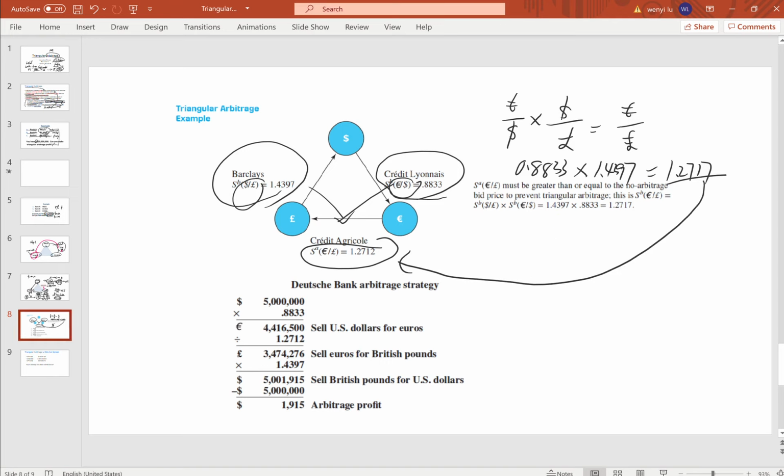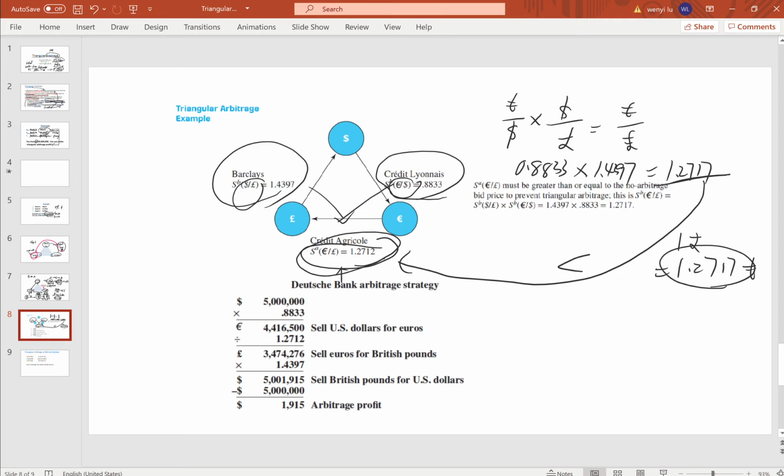So in this market, which one is overvalued? Which one is undervalued? Let's look. You can see here, right? For a pound, it must be equal to what? 1.2717 euros. But in Credit Agricole, a pound is equal to what? 1.2712. So this number is smaller than this number.